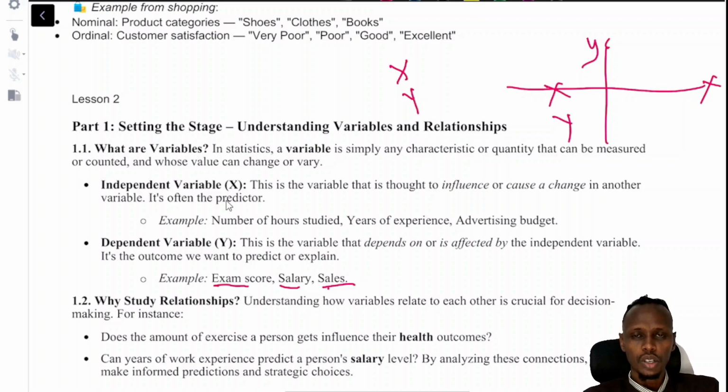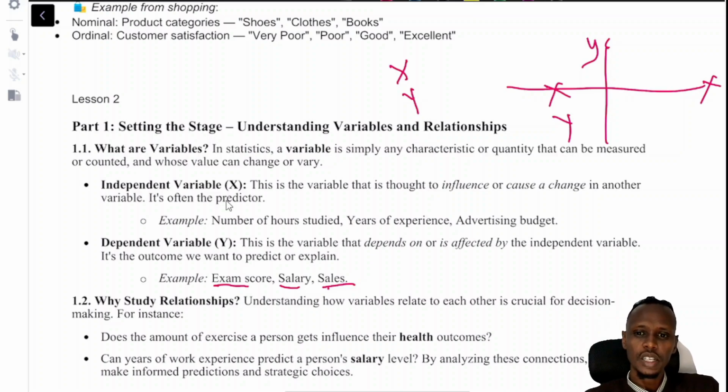For example, the number of hours you study influences the exam outcome. So what is the main point here? The number of hours you study. But let us twist this way. The exam cannot influence the number of hours you study. It's up to you. But the number of hours can influence the outcome to a certain extent.